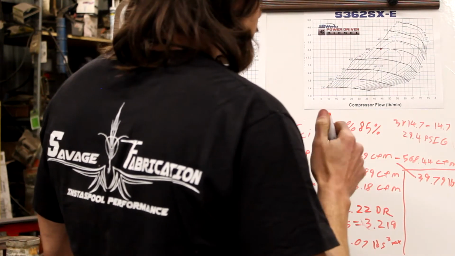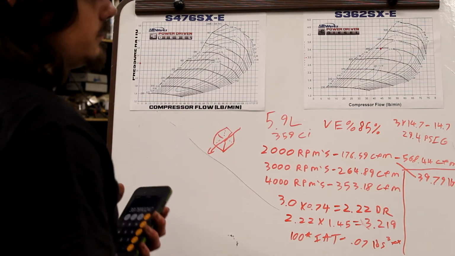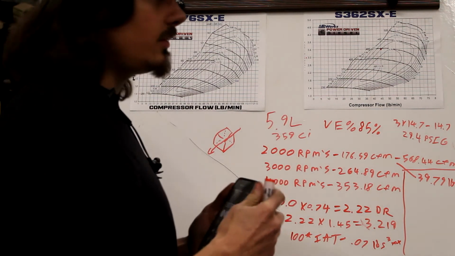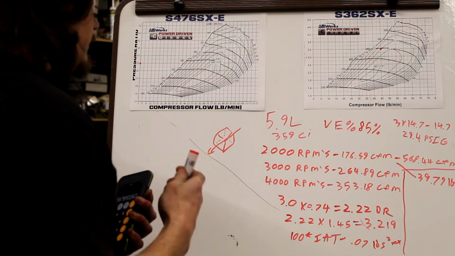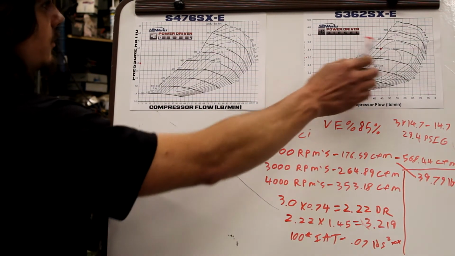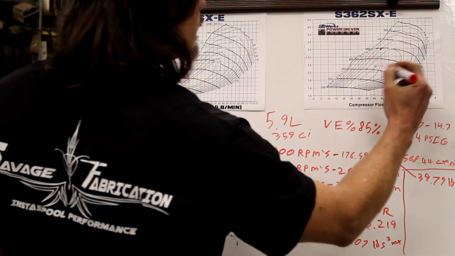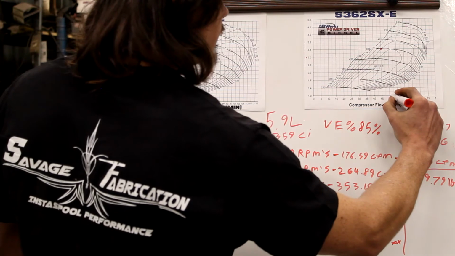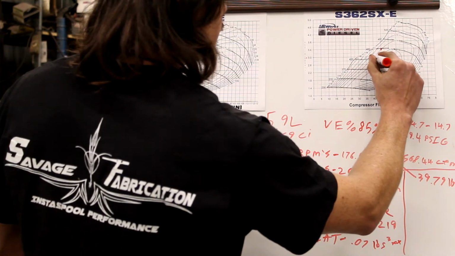At 2,000 RPMs, now we have most of the math done. Remember, this is just for math purposes. We're not going to be changing the VE per RPM or any of that stuff. If we came back though, that same 30 pounds of boost, whoops, I put that totally in the wrong spot. 40 pounds, we're actually right here.